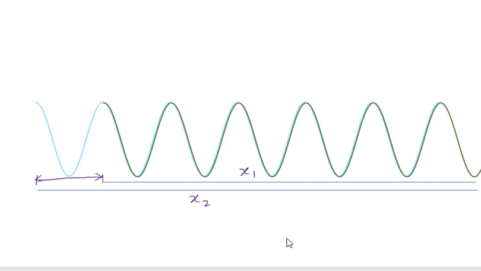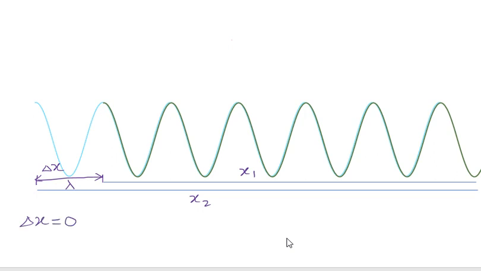That path difference for constructive interference is lambda, right? But what would it be for destructive interference? It would be lambda by 2, right? It will be overlapping when the path difference was 0 first. So let's call this path difference delta x.